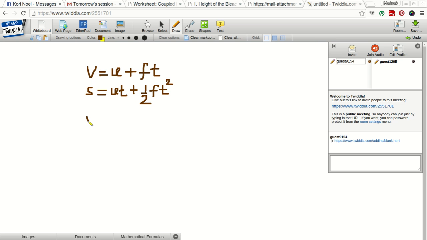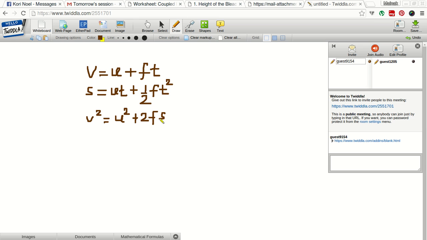And then there is the equation that we just used here: v squared equals u squared plus twice fs.